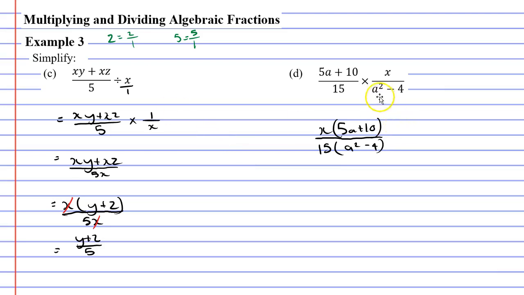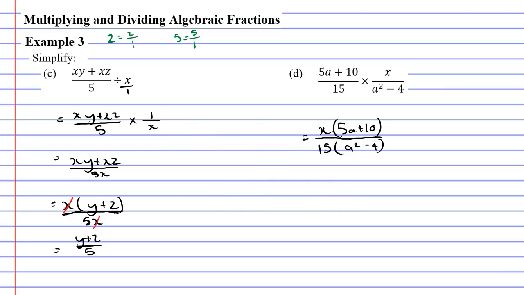So I need to put a squared minus 4 in brackets because the whole expression is being multiplied by 15. Now we're not going to expand the brackets, or at least not yet anyway. And the reason we're doing that is because we're looking to cancel, and when you're looking to cancel, you want things factorized. In fact, we're actually going to focus on factorizing here.